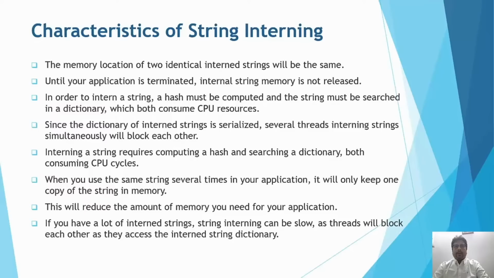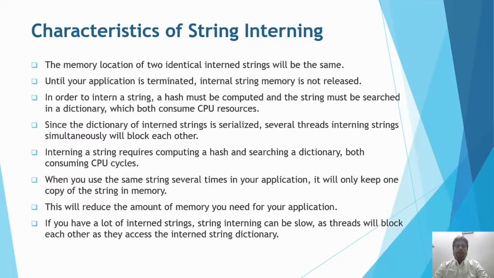In order to intern a string, a hash must be computed and the string must be searched in a dictionary, which both consume CPU cycles, CPU resources. Since the dictionary of intern strings is serialized, several threads interning strings simultaneously will block each other.